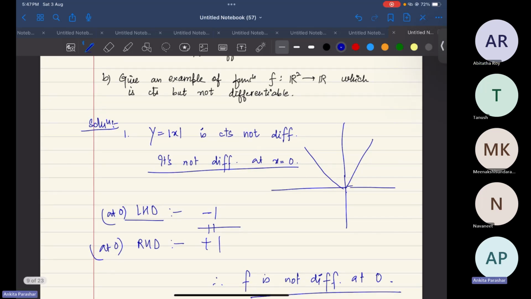So another question: we have to find a function not from R to R, but from R2 to R, which is continuous but not differentiable. Can you help me write that using this function of one variable?